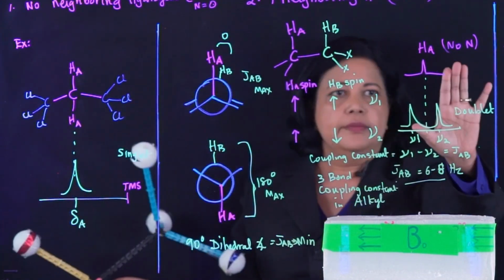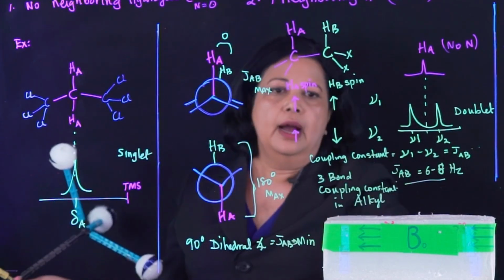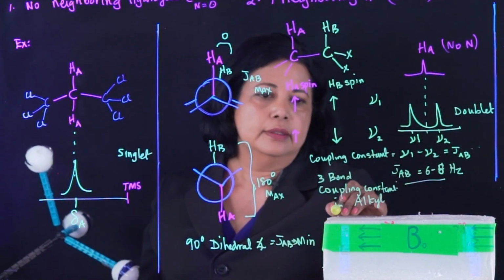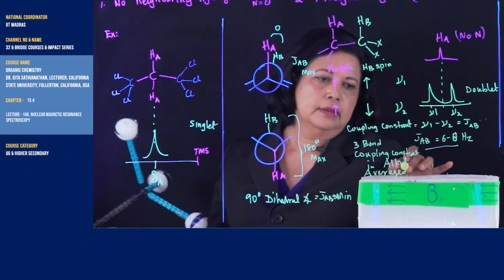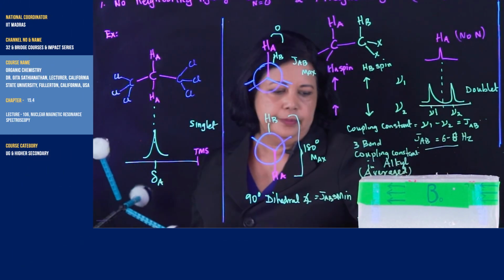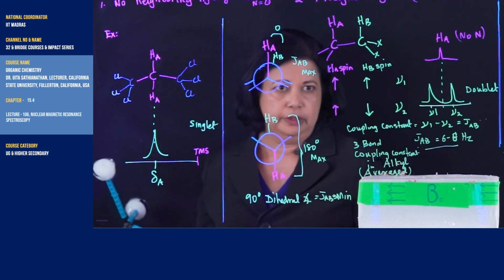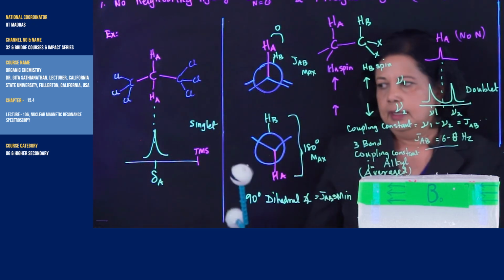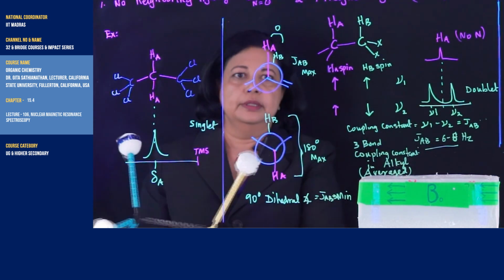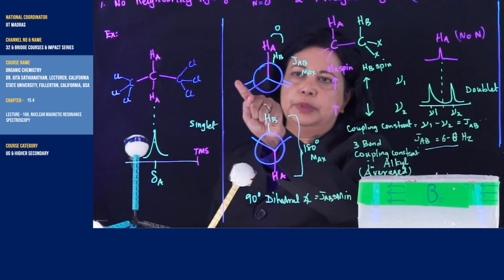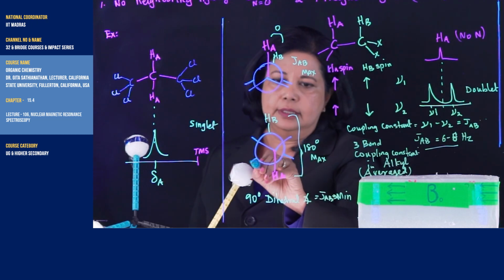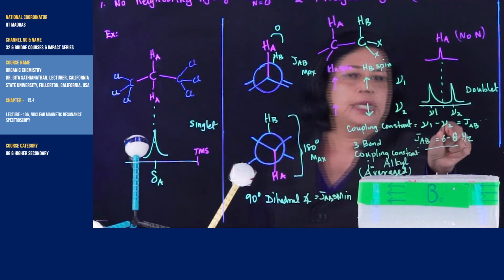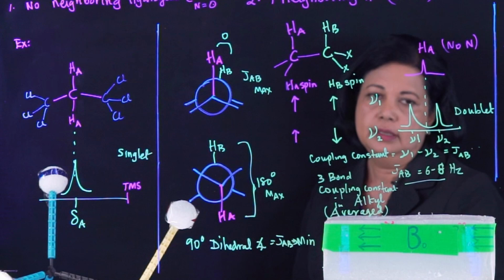And all of the coupling constants that you see here are averaged. And there are other factors that would also influence them. For example, the groups that are here would also influence the coupling constants. But they would typically be in this range, 6 to 8 hertz.